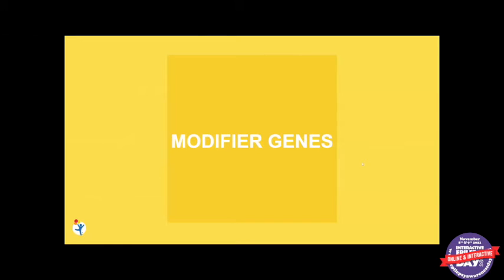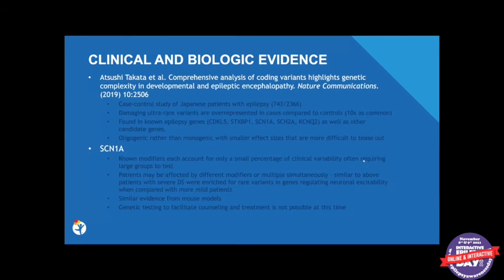So this is just a brief section about modifier genes. Next slide. Even if you have a monogenic disorder like SCN1A or Dravet syndrome, that's not the only gene that person has, right? We are composed of 20,000 genes. And so could changes in other genes affect the presentation of the primary disorder? That has actually been shown in patients from Japan with epilepsy.